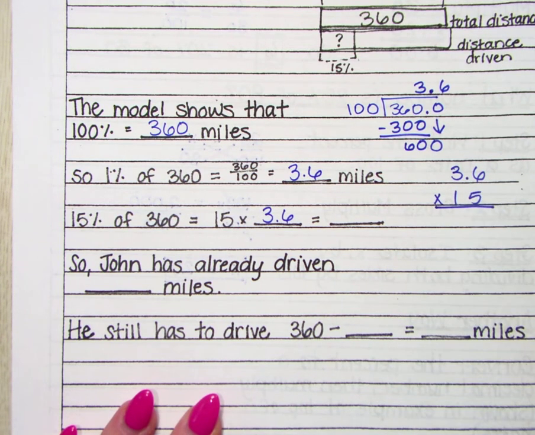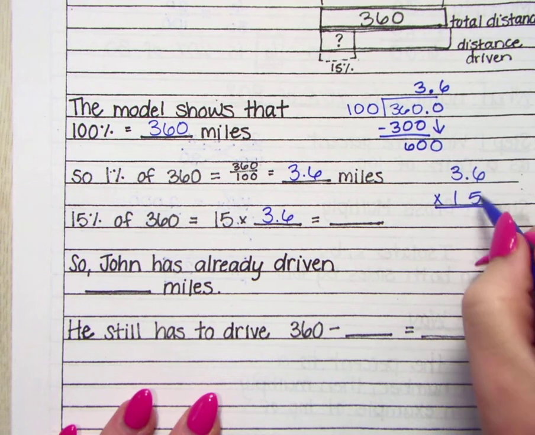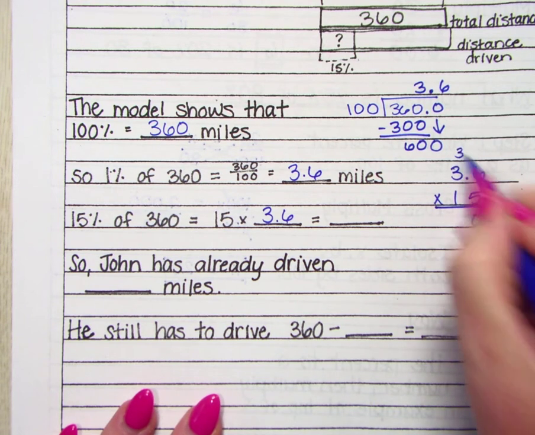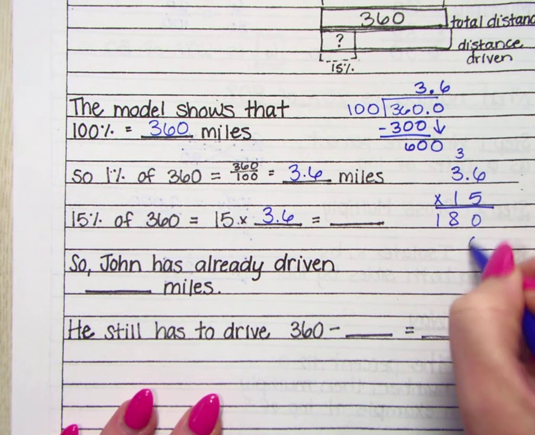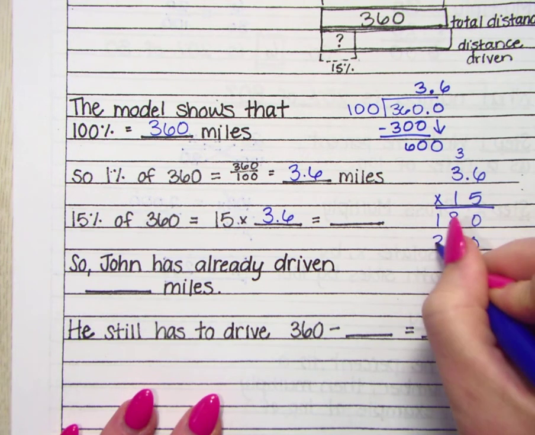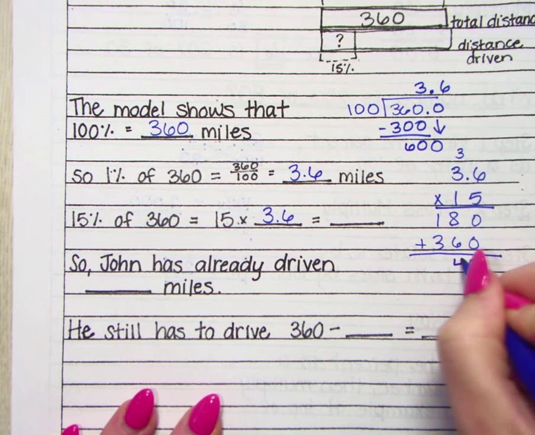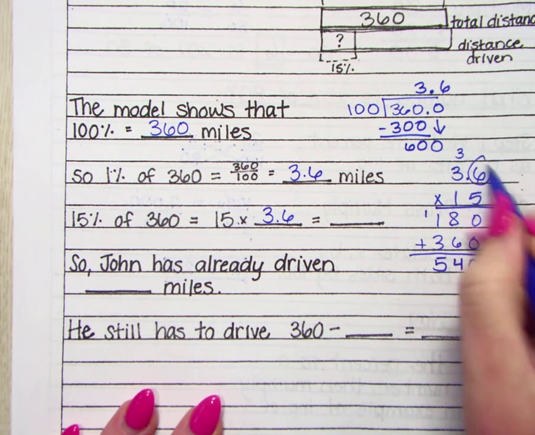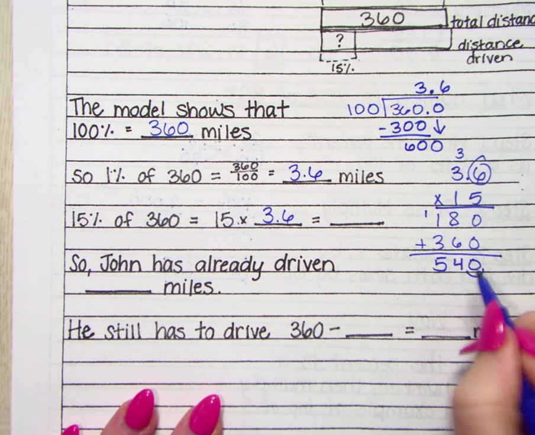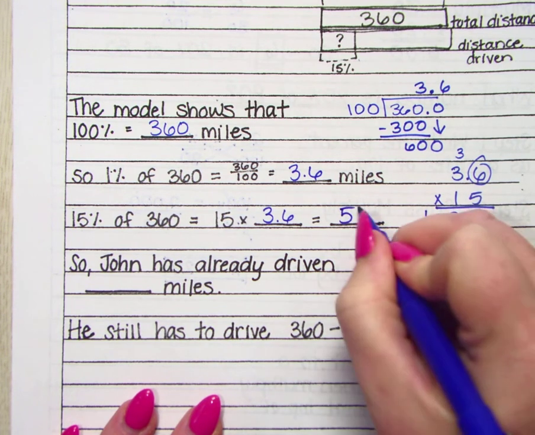Remember, multiplying decimals, you multiply without the decimal and then you go back and count it in. 6 times 5 is 30. 5 times 3 is 15 plus 3 is 18. Add your 0 here. 1 times 6 is 6. 1 times 3 is 3. Add that together. 6 and 8 is 14. 1 and 1 is 2 plus 3 is 5. I only have one decimal place, so I only come over once. So 15 times 3 6/10 is 54.